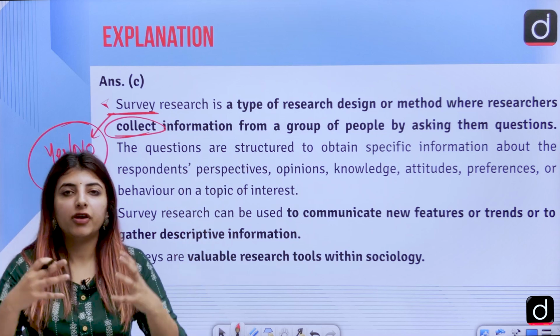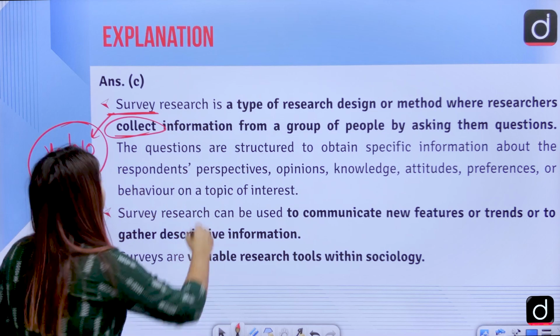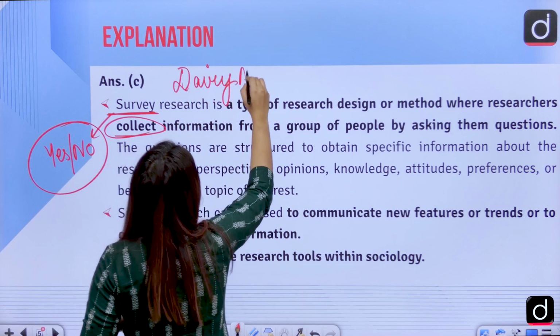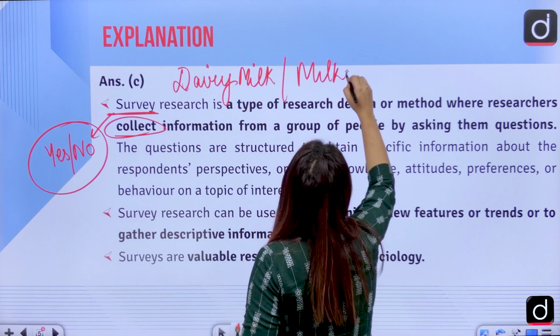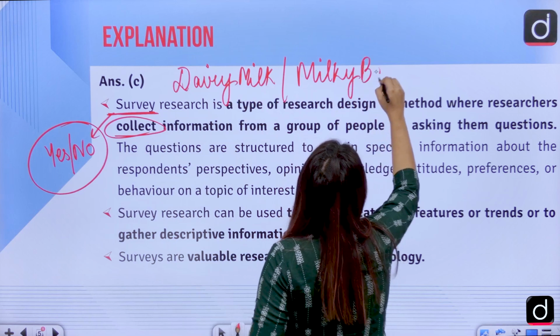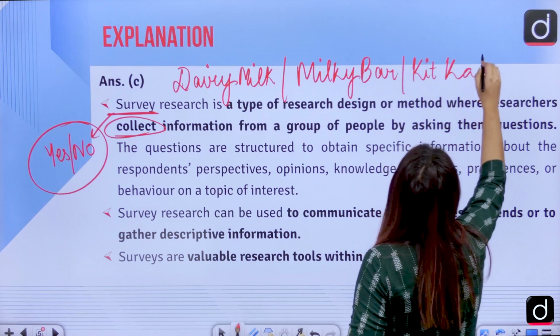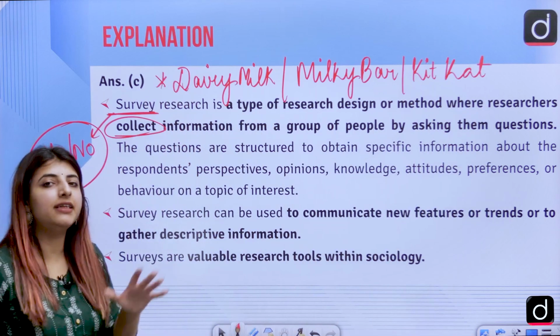them questions. So if I ask you, do you like Cadbury Dairy Milk, or if I am giving you different choices, Milky Bar, Kit Kat, etc. Let's assume that these are the 3 options which have been given in the survey.